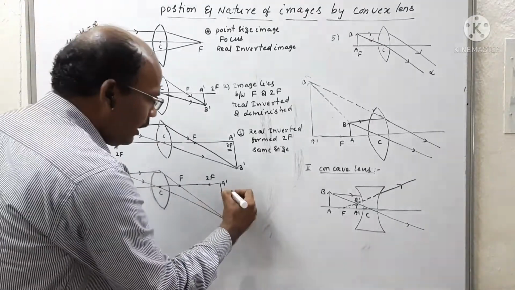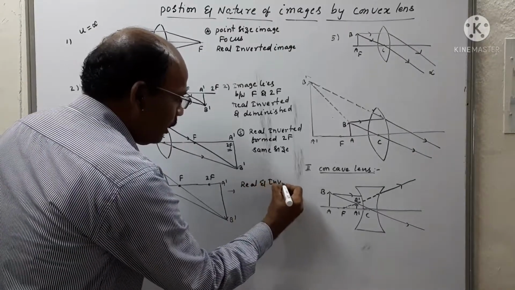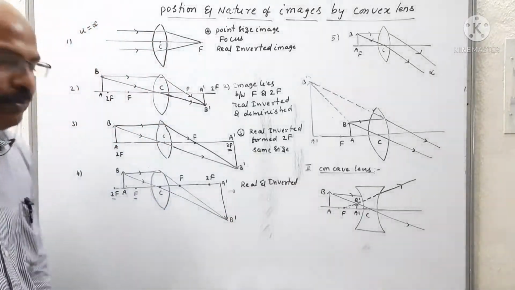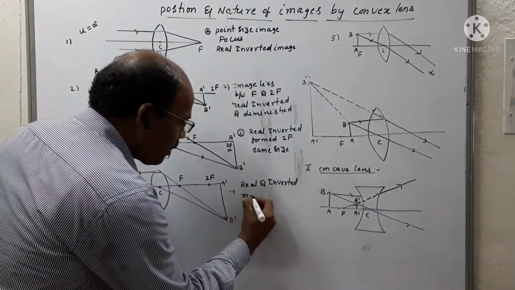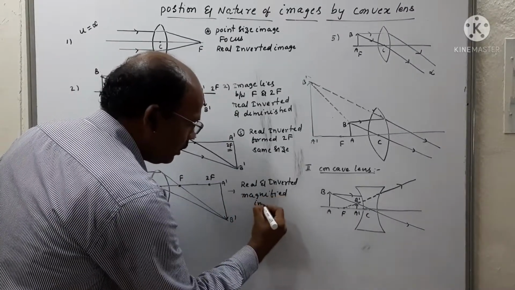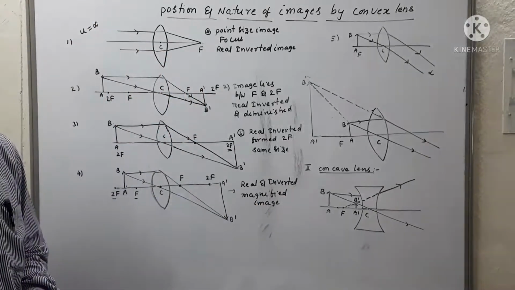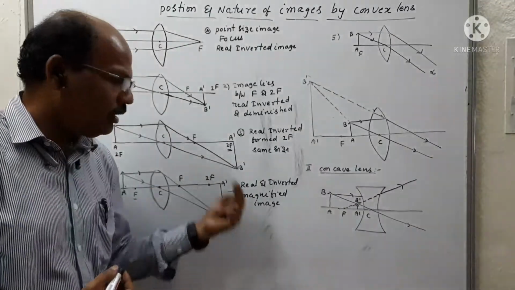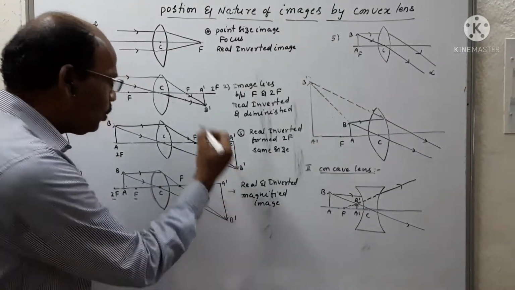It is also again real and inverted. But the size of the image is bigger than the size of the object. This is called a magnified image. Magnified means bigger size when compared to object size. So again we observe it forms a real, inverted and magnified image which lies beyond the 2f value.